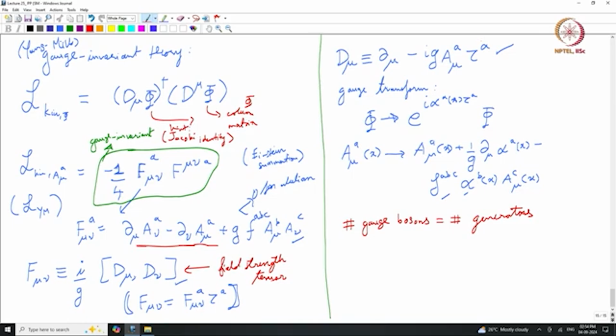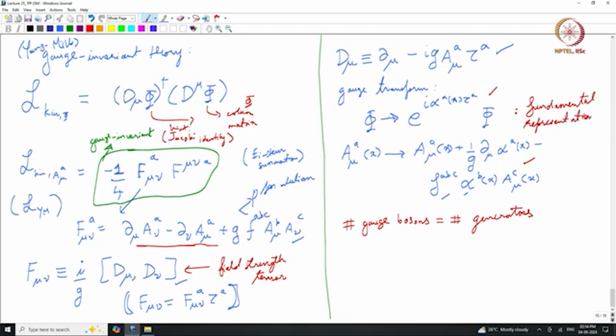Notice also that this is a simple transformation of the fields under the gauge, whereas this is a much more non-trivial transformation. Said in group theory language, the phi's live in the fundamental representation. Remember fundamental?